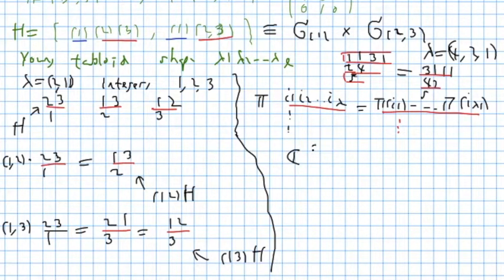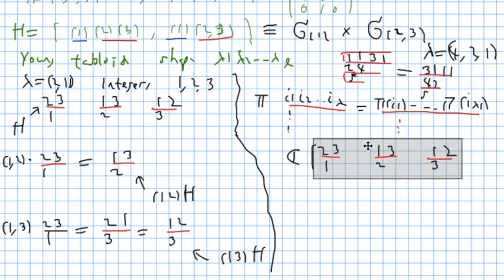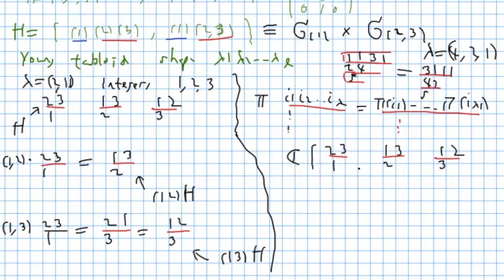So I can take these tabloids and make a basis. Okay, and let the symmetric group act on these. Okay, so this is a representation. And now I can define a linear transformation between V and this representation of the cosets.